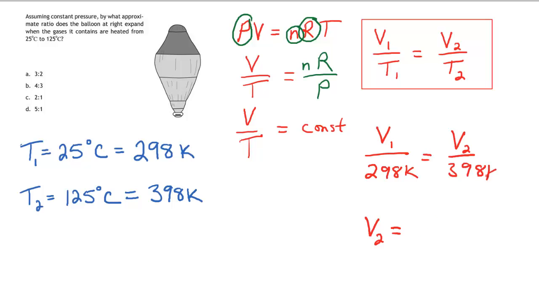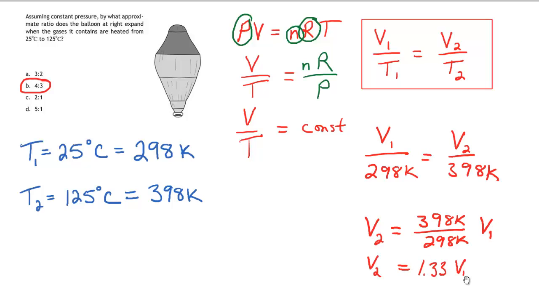V2 would be 398 Kelvin all over 298 Kelvin all times V1. Or if we convert that to a decimal, we get 1.33 V1. So about 4/3 V1. The volume has increased by 4/3. So our ratio's got to be B, 4 to 3. That's our best answer.